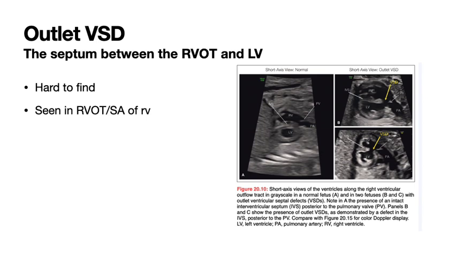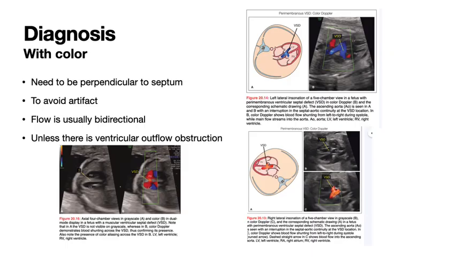That funnel there, or cone, is called the conus. And on the other side of that is the left ventricle. So the place you're going to find it is in what we call the short axis view of the right ventricle. So it's RVOT / short axis of the right ventricle. That's where we see an outlet VSD. They're not that common, so there's a good chance we're going to miss them.